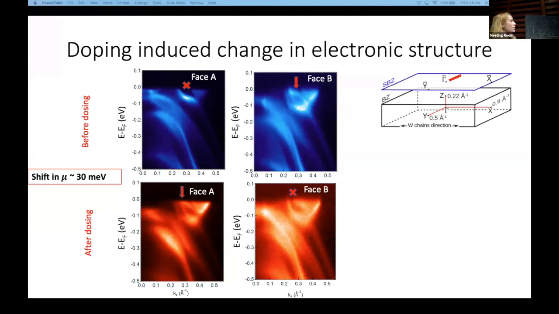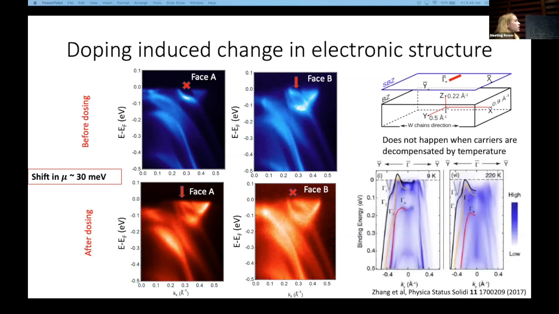So interestingly, it also looks like face A and face B have kind of switched. So initially there was nothing on face A, afterwards there's nothing on face B between the electron and hole pockets. And I'll explain a little bit later why this coincidence actually makes sense.